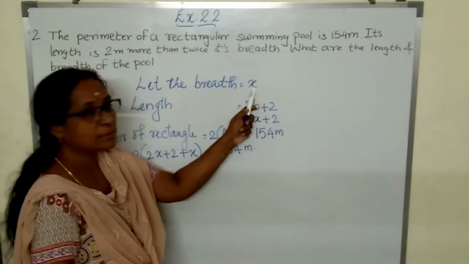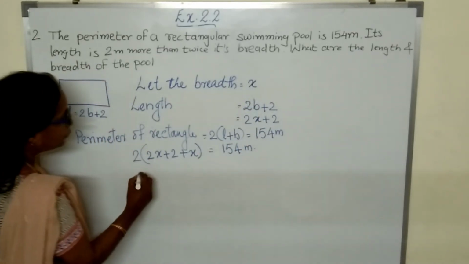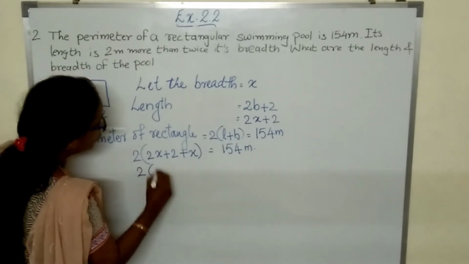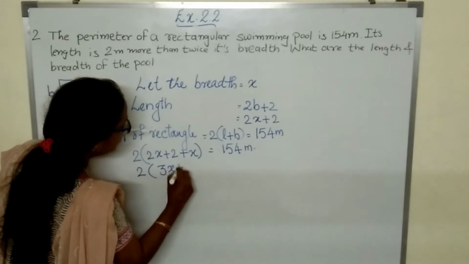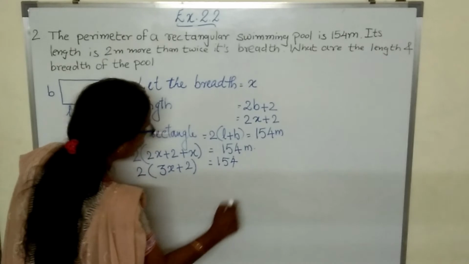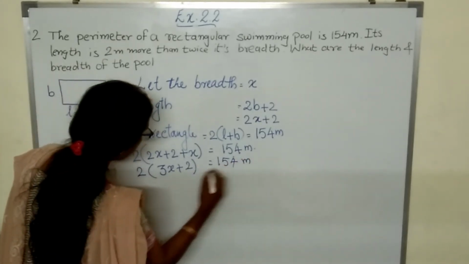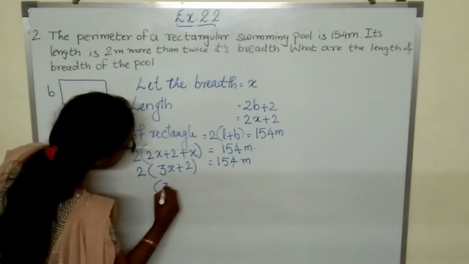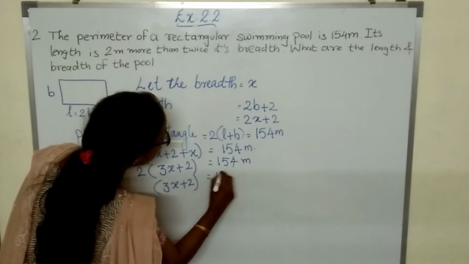And what is the breadth? x. So those values are kept here. Now, 2x plus x is 3x plus 2, so 2 into 3x plus 2 is equal to 154. Now, take this 2 to this side.